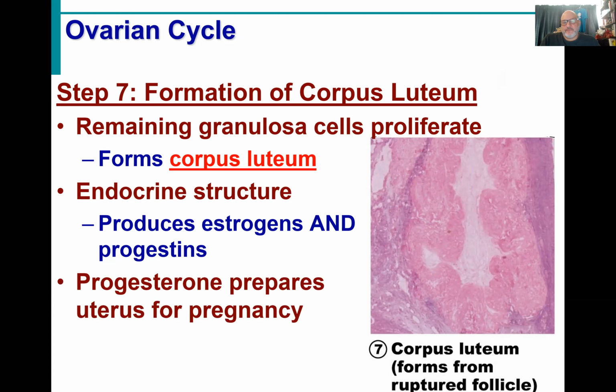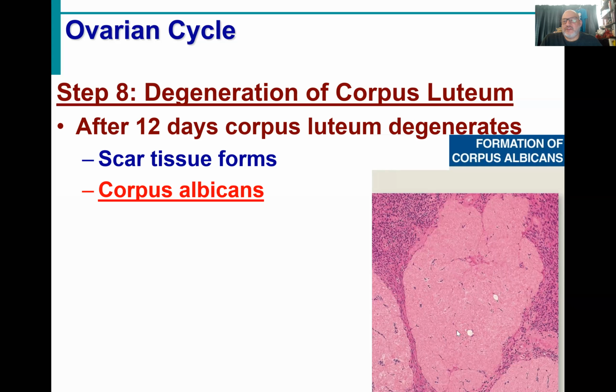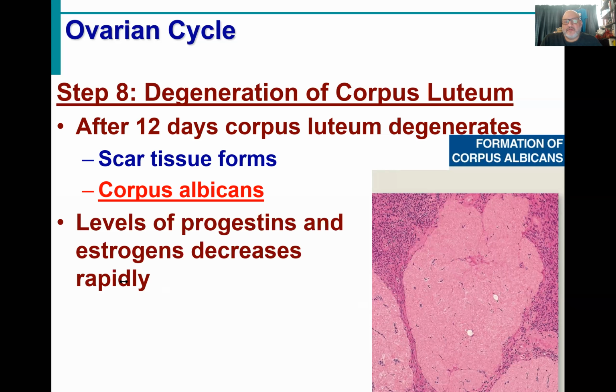But if fertilization doesn't occur, luteinizing hormone levels drop. And as luteinizing hormone levels drop, our corpus luteum shrivels up into the corpus albicans. It takes about 2 weeks, at which point we just have this non-functional scar tissue, a little bit of fibrous connective tissue that is no longer glandular, called the corpus albicans.